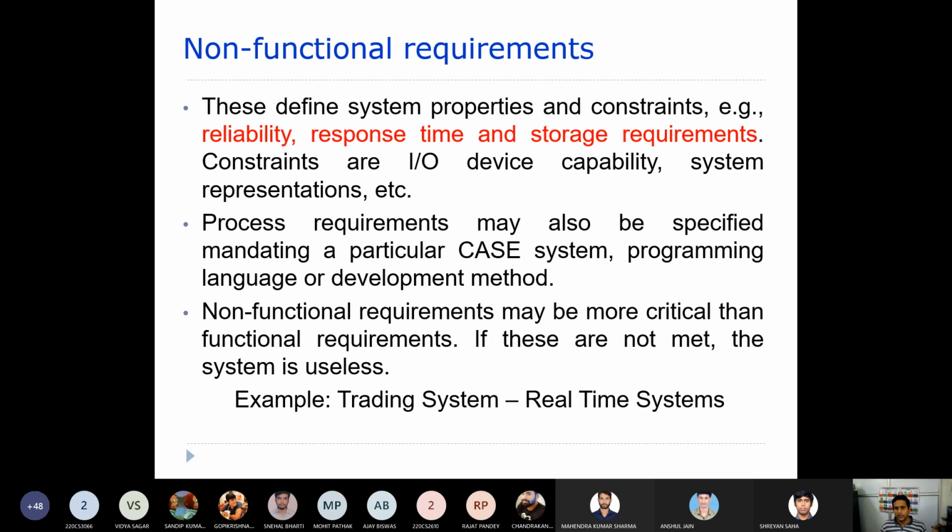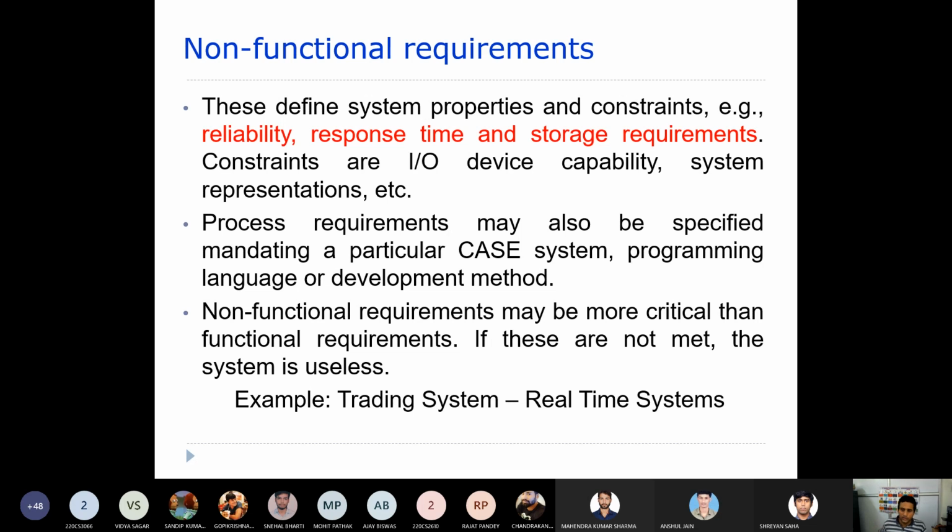Non-functional requirements may be more critical than functional requirements; if these are not met, the system is useless, as I told you, right? If you take an example of a trading system, where every moment, every millisecond, you need to know what the current trade is. Then only you will be in the share market.